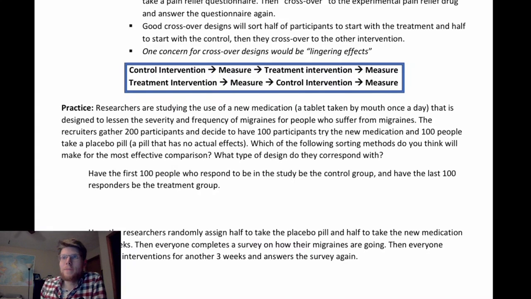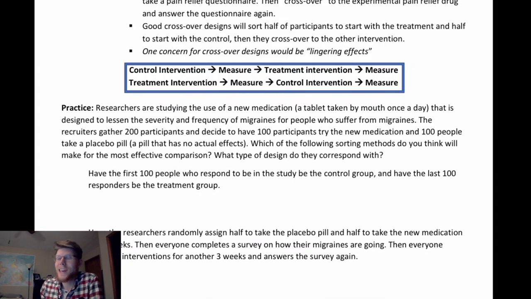So I'll go ahead and answer since this is a video. This would be a non-randomized controlled experiment. And that's because this is not a random sorting method. You might be tempted to think it is, right? Because you might think we're leaving it up to chance, because I'm letting it be up to who signs up when. But there's an inherent bias in that plan, right?